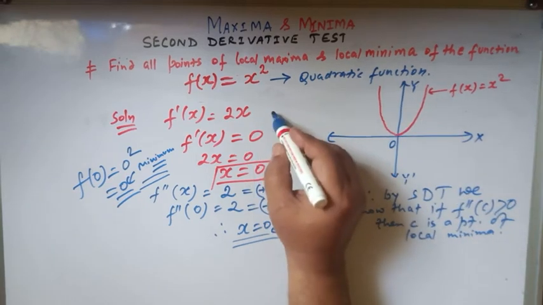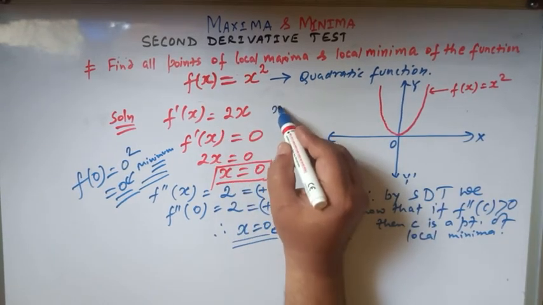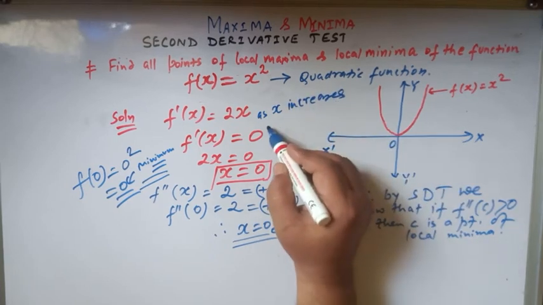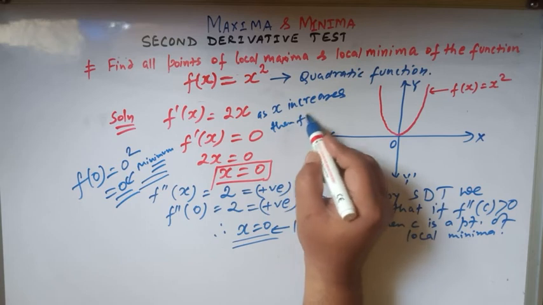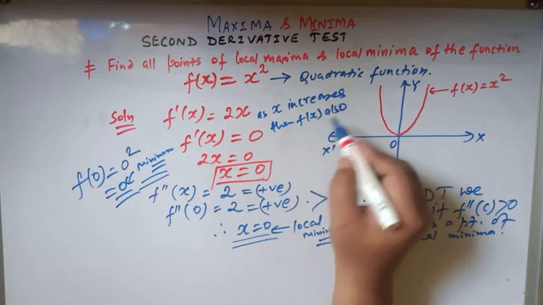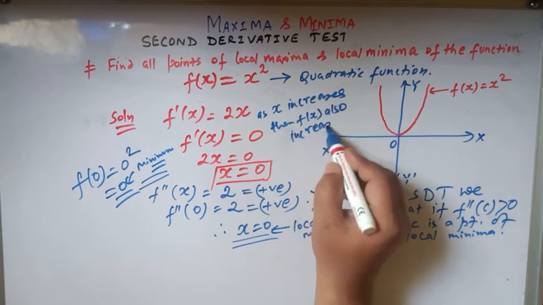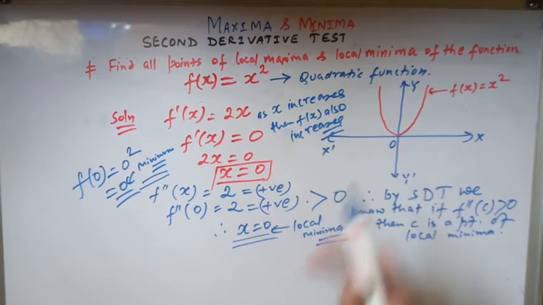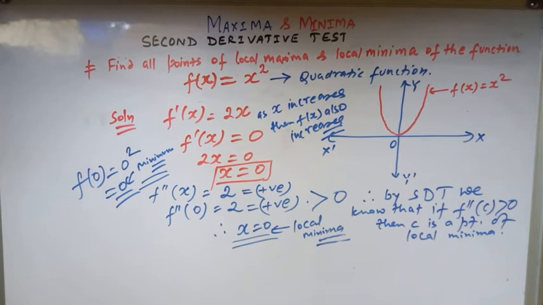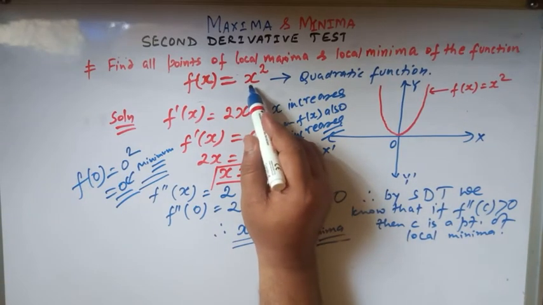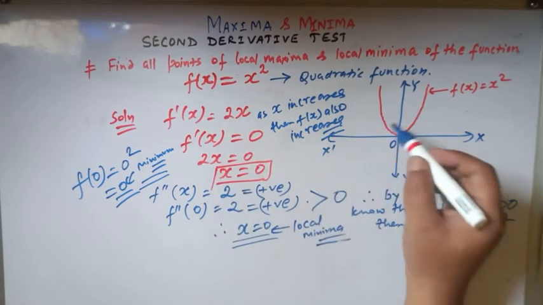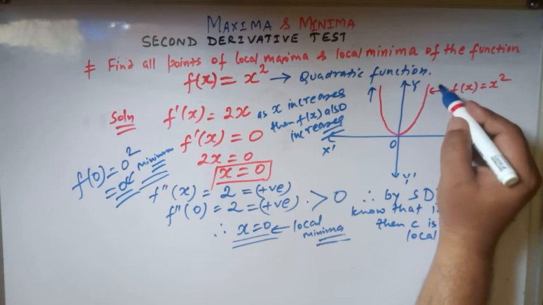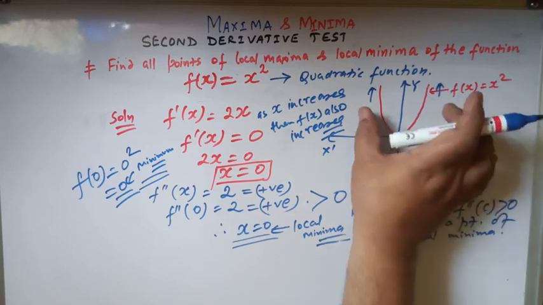As x increases, f(x) also increases. So here, whatever be the value of x, whether it is positive or negative, we get a positive value of f(x). So the graph will rise up to infinity in both the directions here.